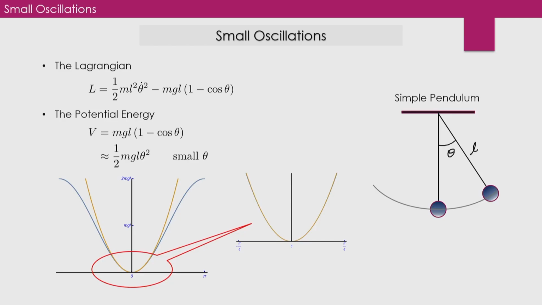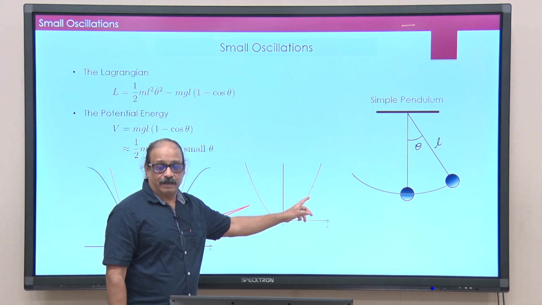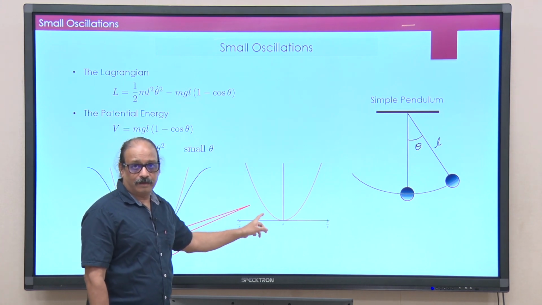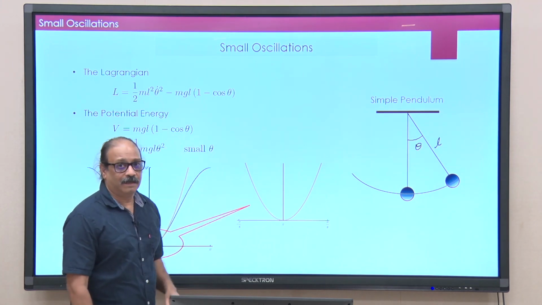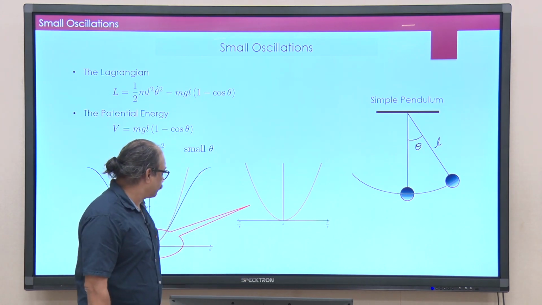If you look at that part very carefully, you can see that the two curves are almost indistinguishable from each other. So, this is what we mean by approximating the potential by a parabolic potential, which is basically the potential of the simple harmonic oscillator.